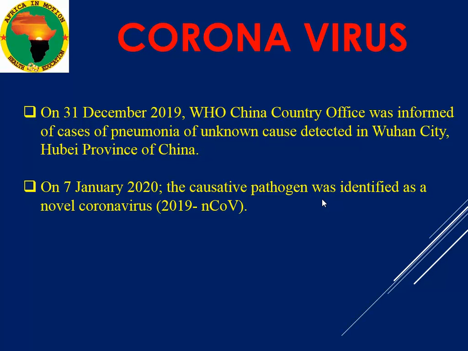Then they started investigations. They worked very hard. Then on the 7th January, just 1 week after, the causative pathogen, the organism responsible for this severe pneumonia, was identified to be a novel coronavirus.